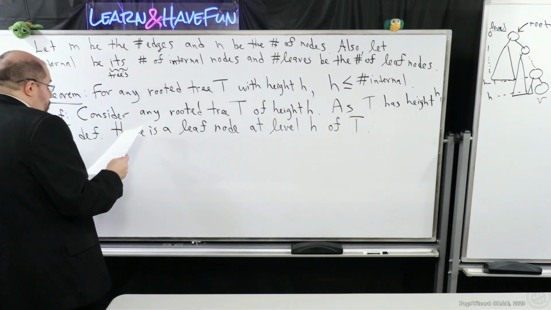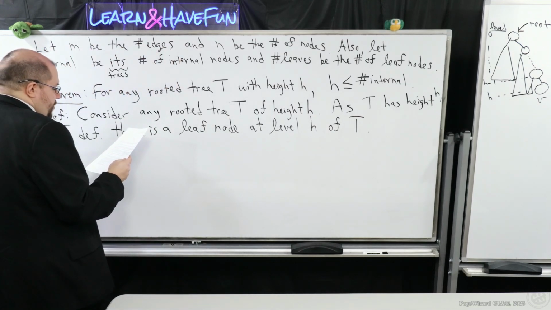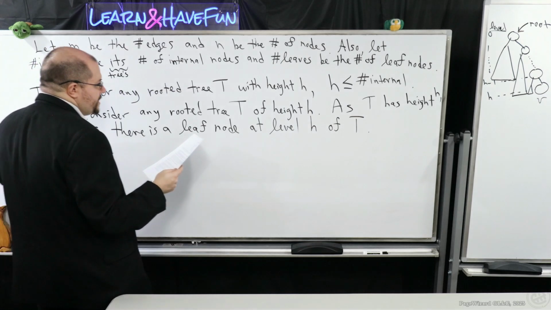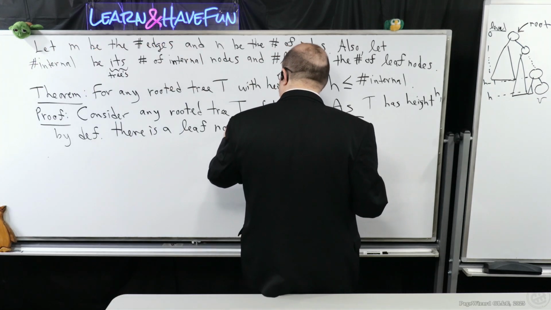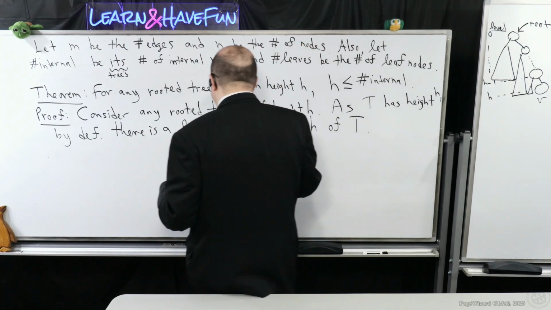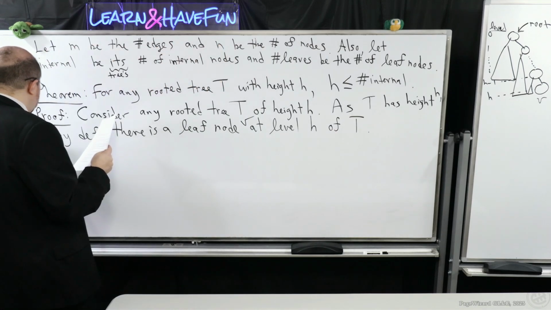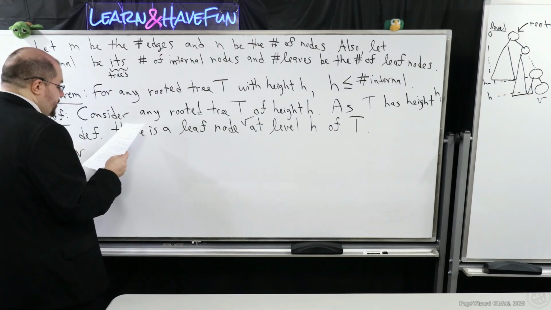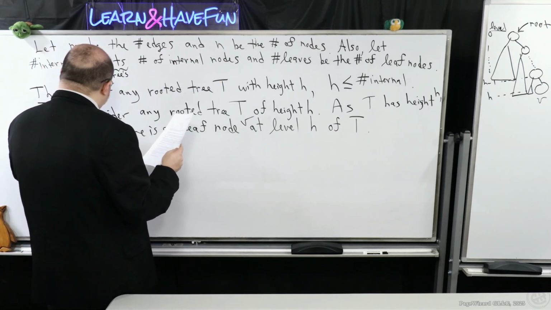Okay, let's give that a name. There is a leaf node, V. So node V is a leaf.